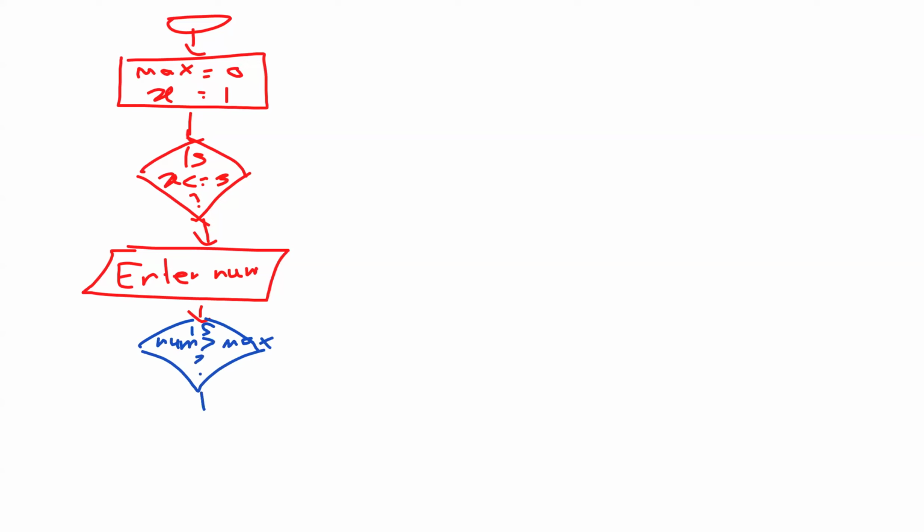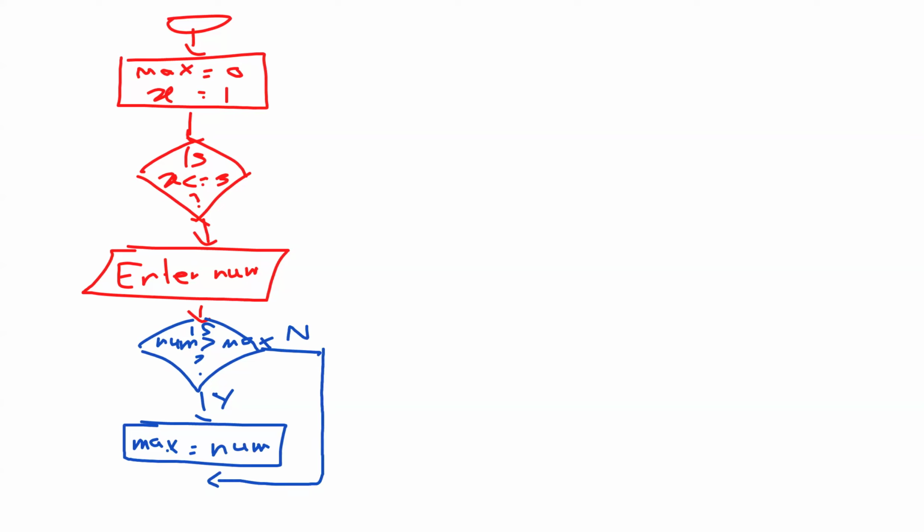If it is yes, then max should be the value entered by the user: max equal num. But if it is no, nothing to do. If your current value is higher than maximum, only then you have to assign that value into max.